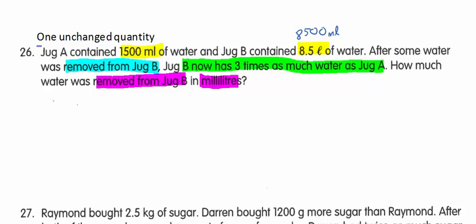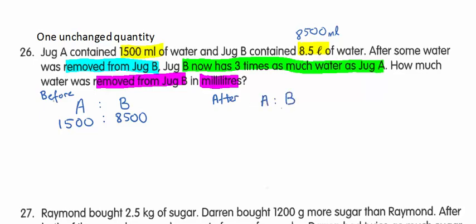So I have A is to B. And because I'm working in milliliters, I'm going to do all in milliliters. 1500 and this is 8500. So this is before. Now after, I have A is to B as well.